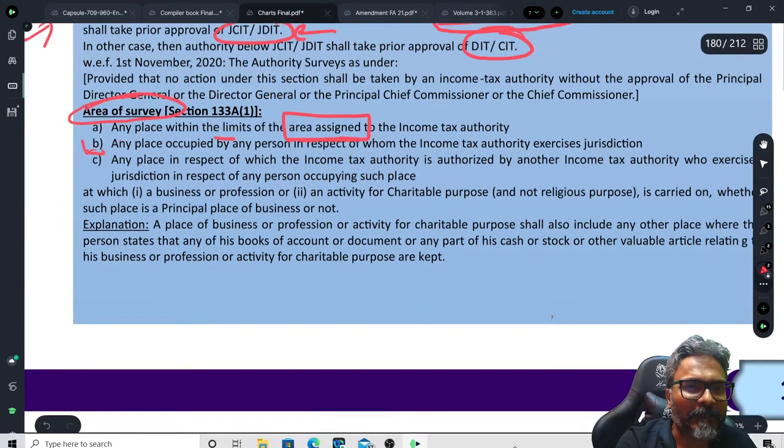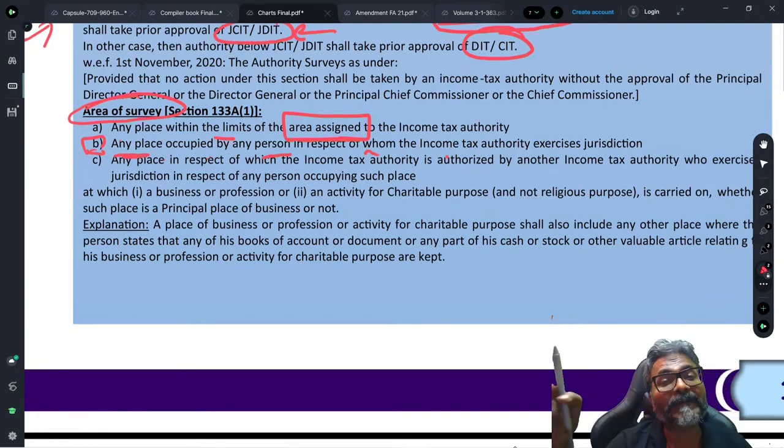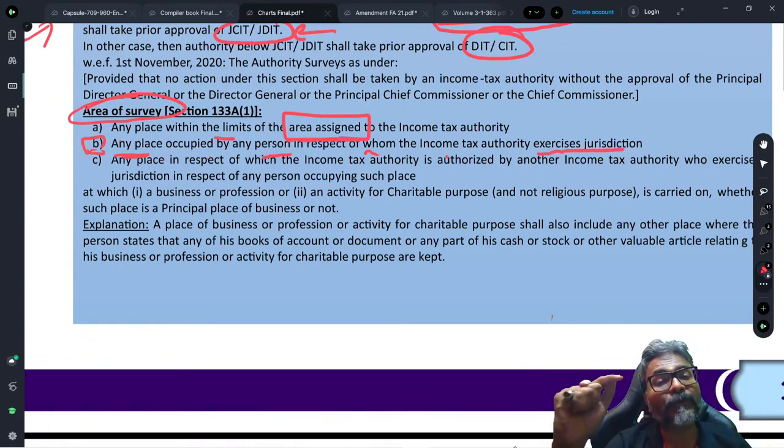As far as point number B is concerned, what they are trying to say is: any place occupied by any person in respect of whom the income tax authority is exercising jurisdiction.